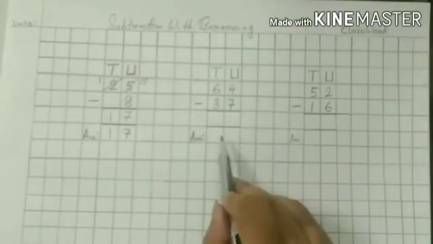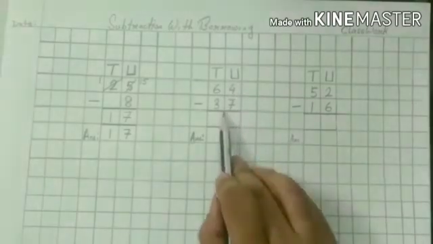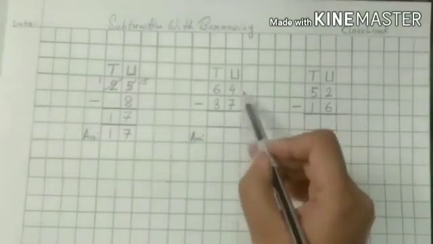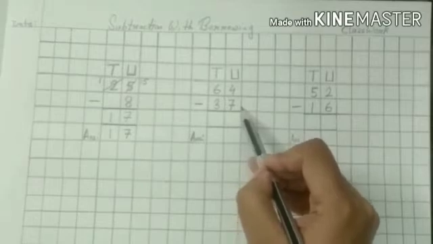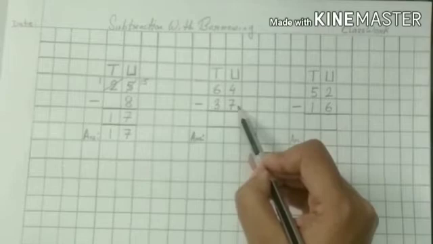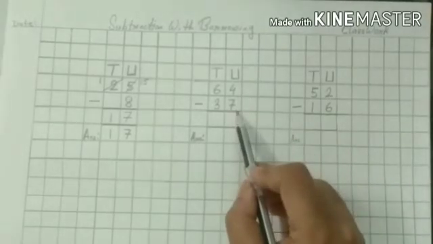Let's solve this example, children. 64 minus 37. Let's find out how much is 64 minus 37. Let's subtract the units first. 4 minus 7.